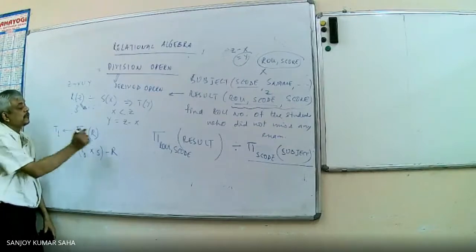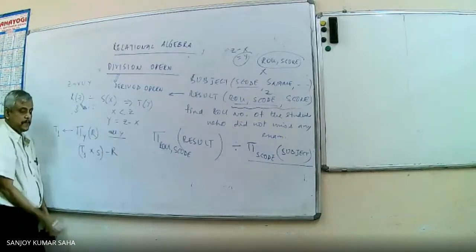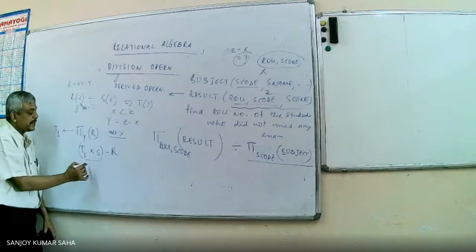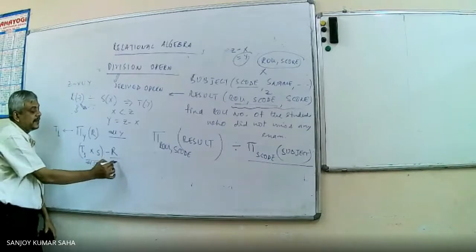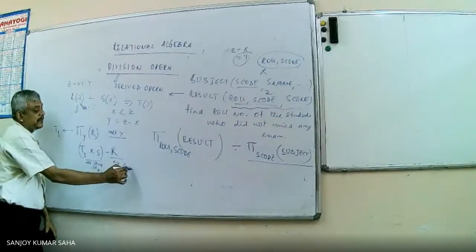So it has given us all Y, and all combinations of xy. It is giving xy combinations present.